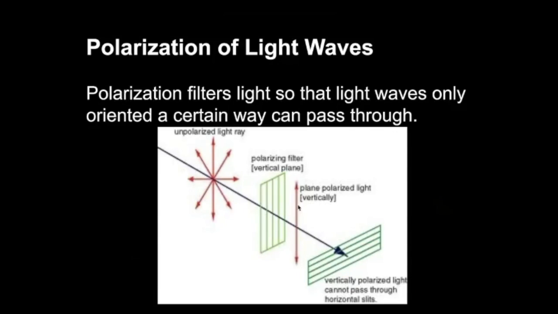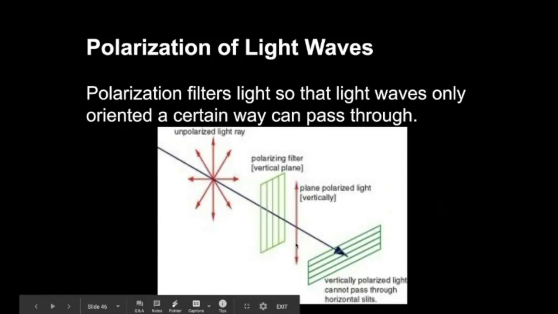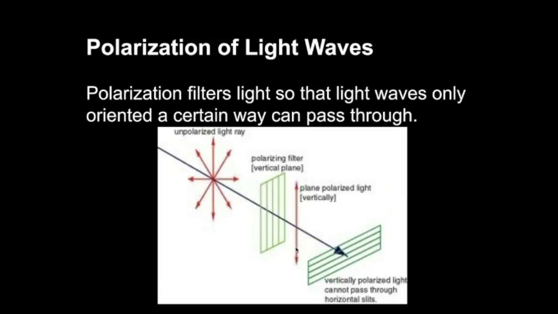And a polarizer is something that filters out all light except for light that's oriented in one particular direction. So I can take a polarizing filter, and these filters can look just like glass, and it will only allow one particular plane of polarized light through.